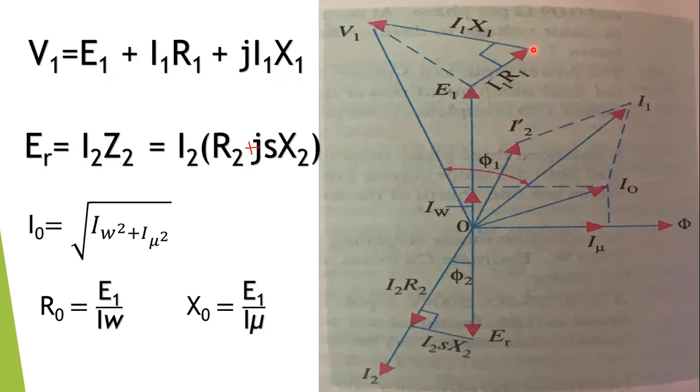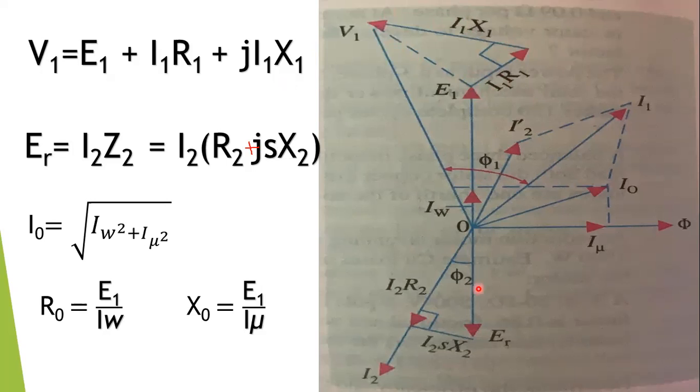Okay, so I1X1 will be 90 degrees perpendicular to I1R1, like this. So this whole combination gives I1Z1. So this dotted line is I1Z1.